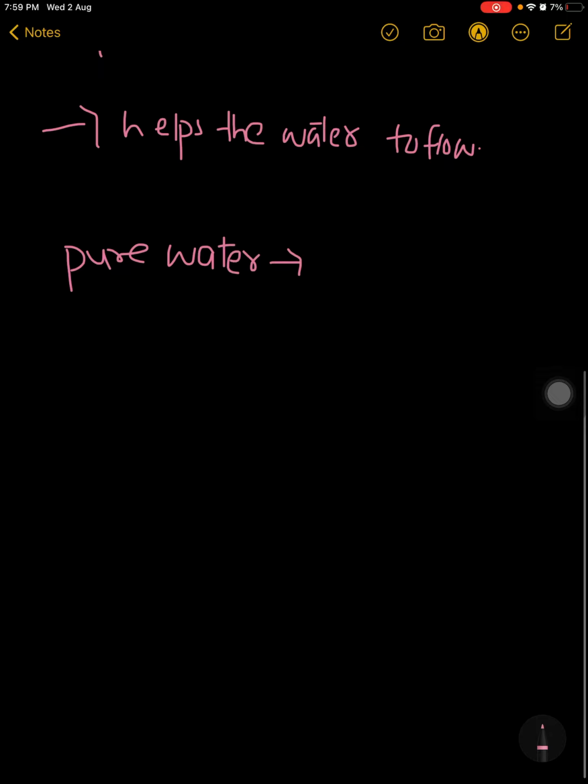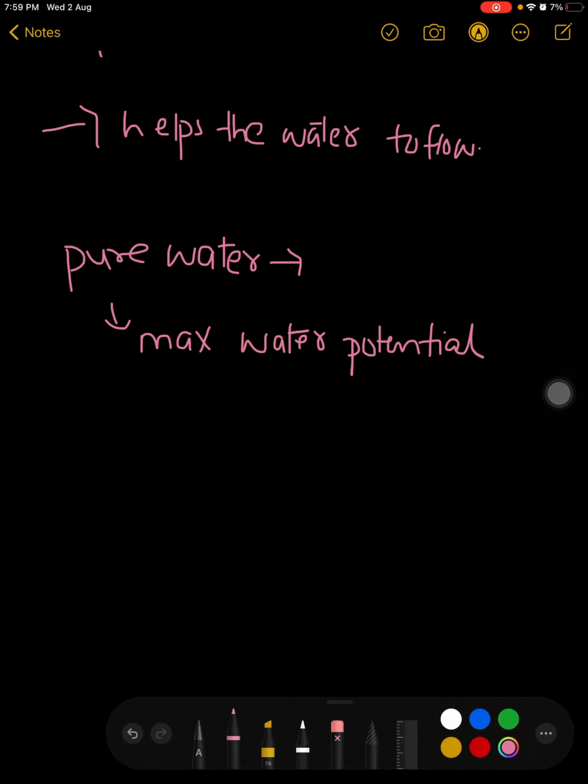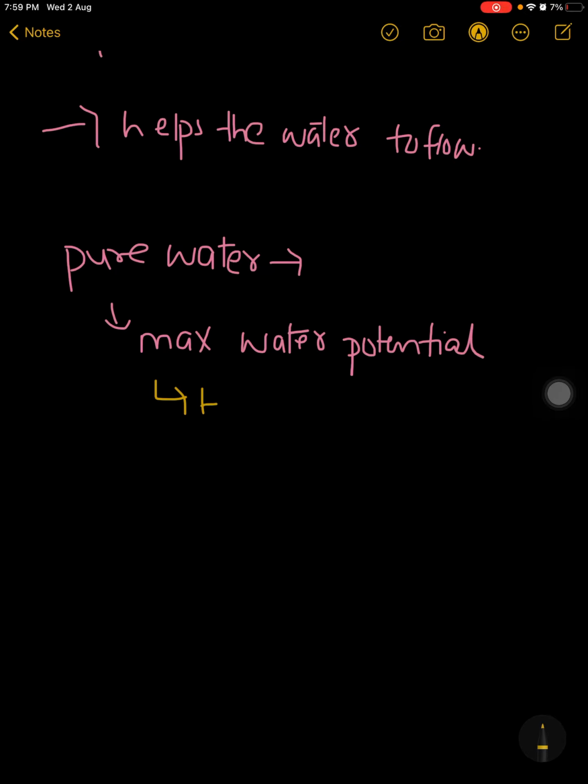For example, pure water has the maximum water potential. It has the highest water potential, which is 0, right?